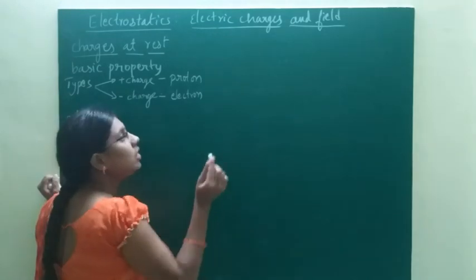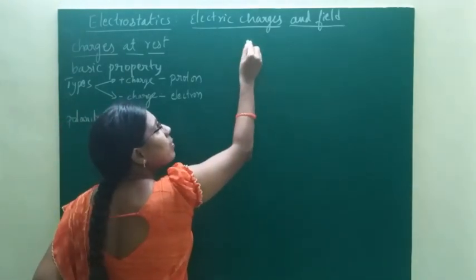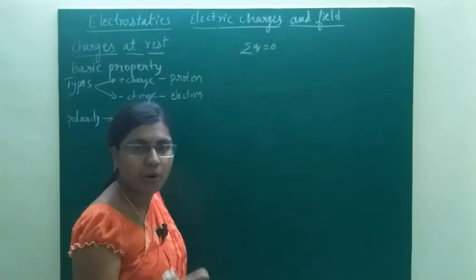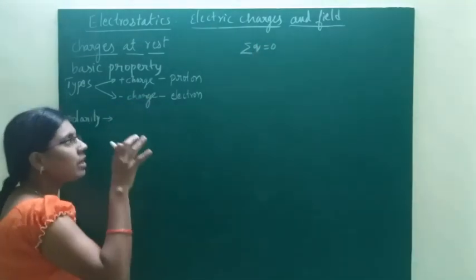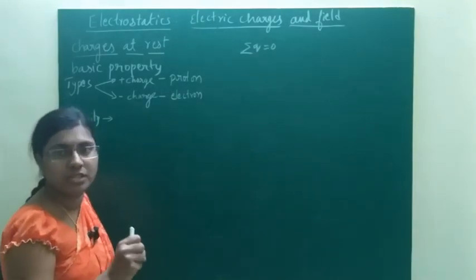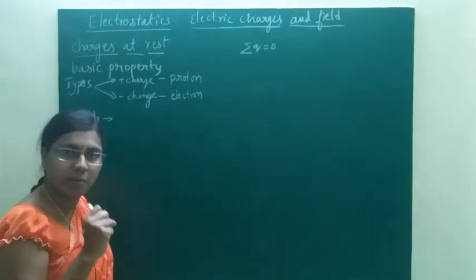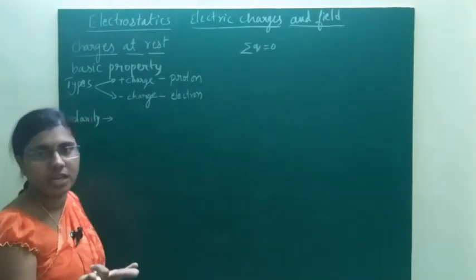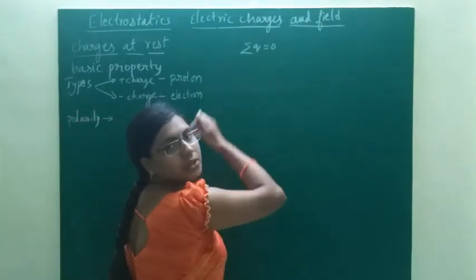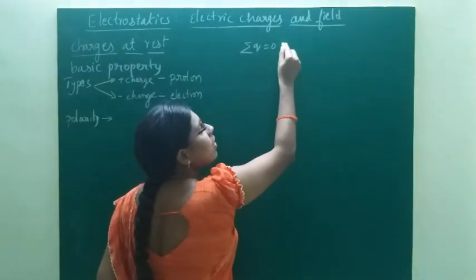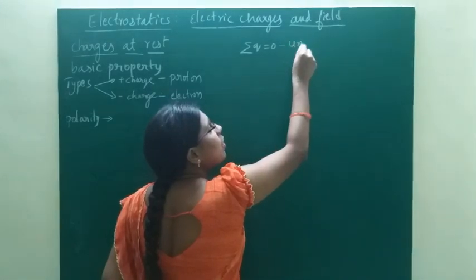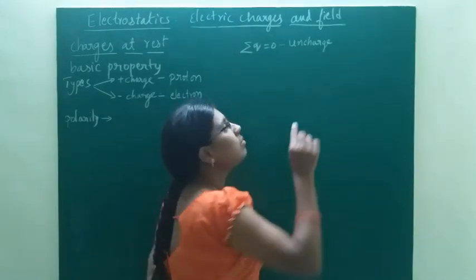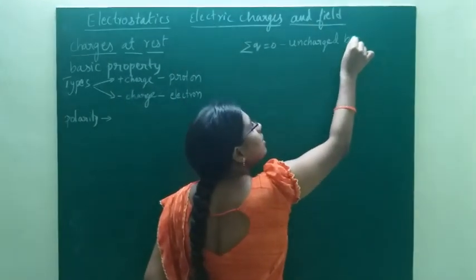Suppose the total charge of a body is equal to 0, meaning the body has an equal number of positive and negative charges, equal numbers of protons and electrons. Then the net charge, the sum of the charges, will be equal to 0. That type of body is called an uncharged body or a neutral body.